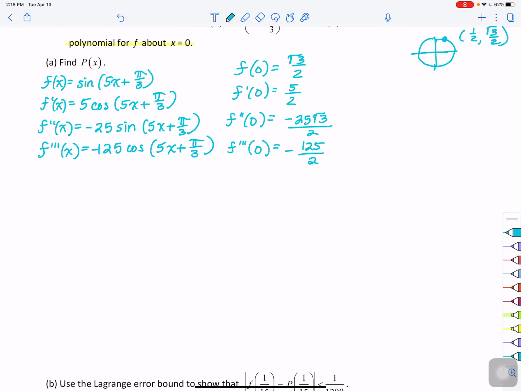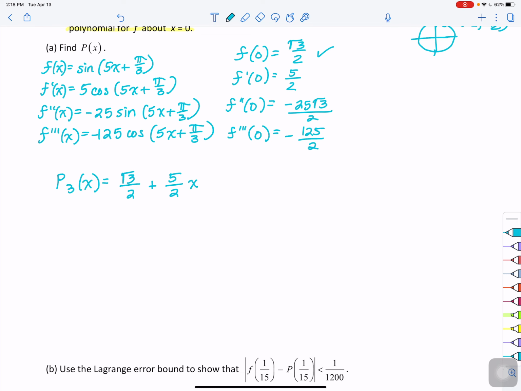Okay, let's do it. Third degree Taylor polynomial. Remember, always your first term is f of 0, the value at the center, plus we're going to take that 5 halves and multiply by x, of course x minus 0, over 1 factorial. Now let's take that negative 25 root 3 over 2.